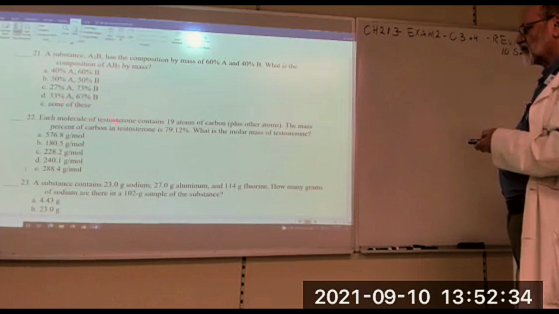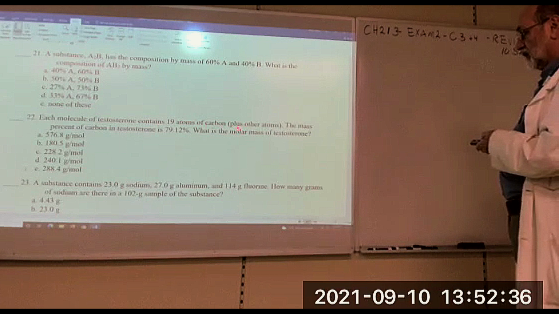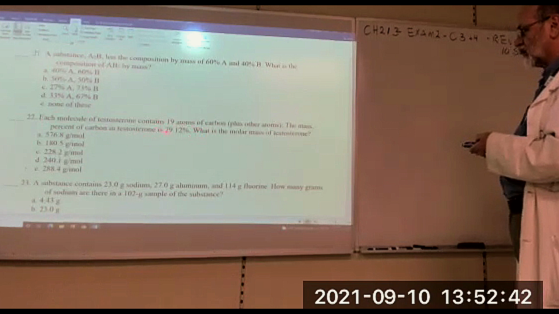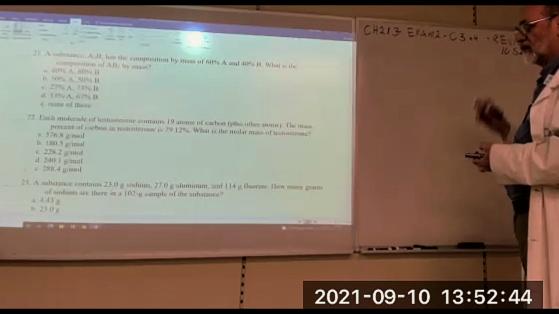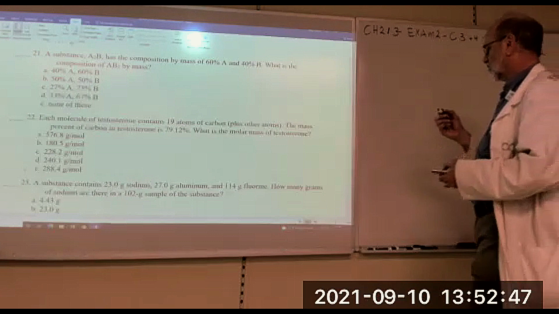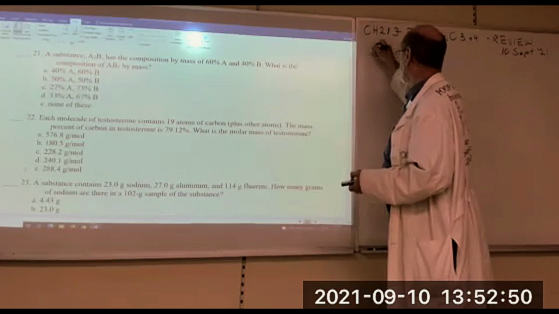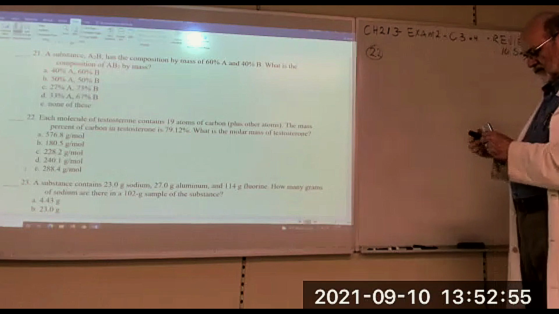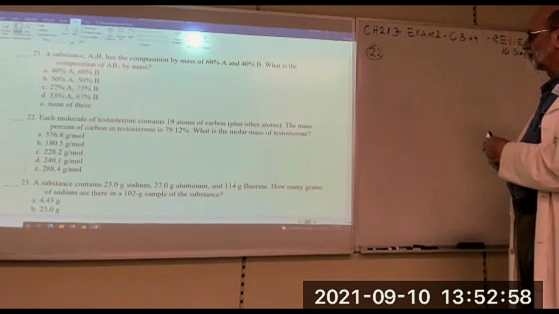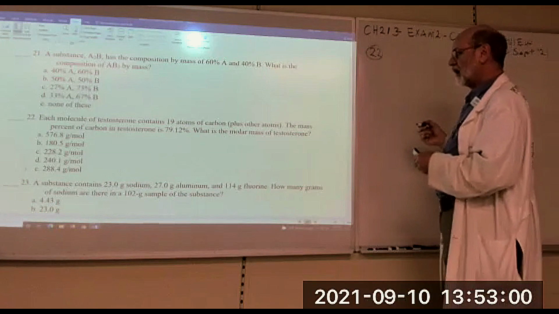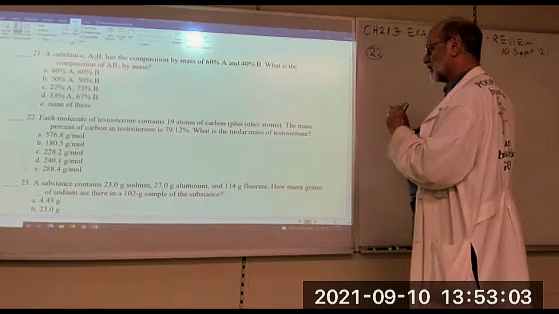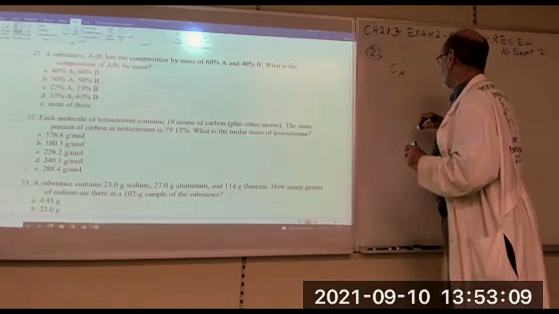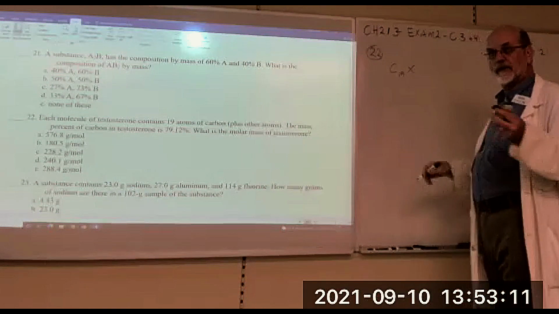Each molecule of testosterone contains 19 atoms of carbon with other atoms. The mass percent of carbon in testosterone is 79.1%. What's the molar mass of testosterone? That looks fun. Okay, what are we given? A molecule of testosterone has 19 carbons, plus something else. We don't know what it is.